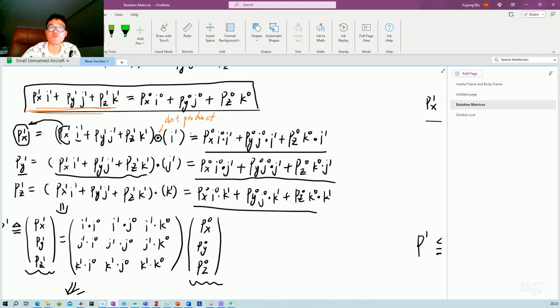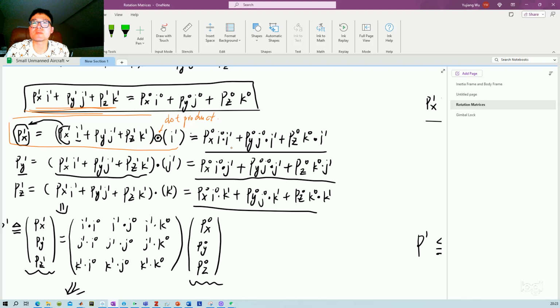So it's 1 multiplied by 1 multiplied by cosine 0, which is 1. And then px will be extracted, and G1 dot product I1 will be 0 because they are perpendicular to each other, and K1 the same thing will result in a 0. So that's how you wrote this part.